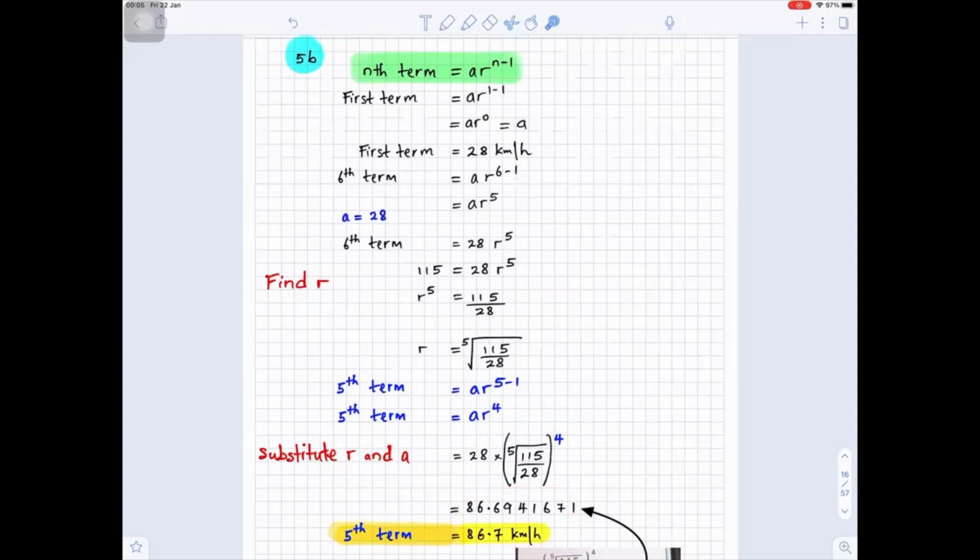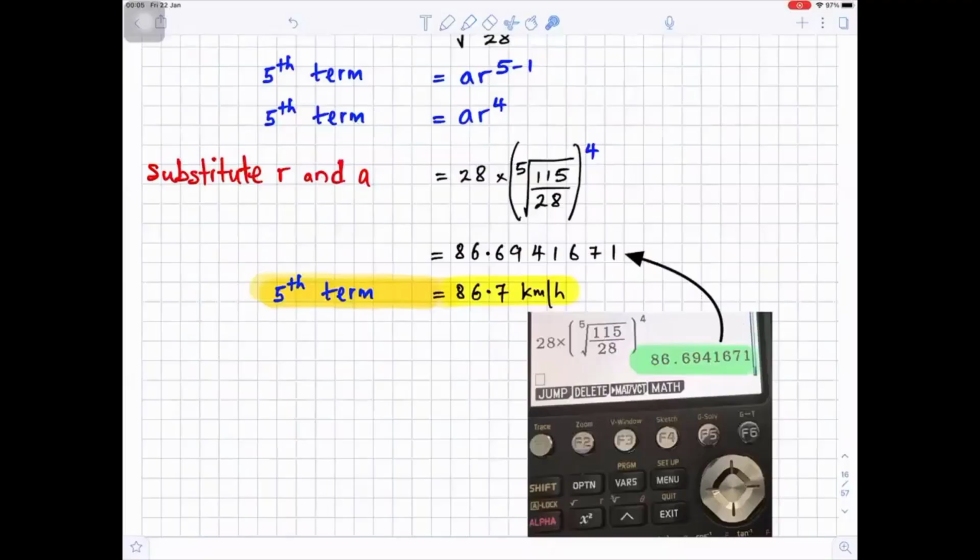86.694. So in the Casio calculator, you will put 28, you will put the bracket, and then you will put the fifth root of 115 divided by 28 to the power 4, and that will give you 86.694.